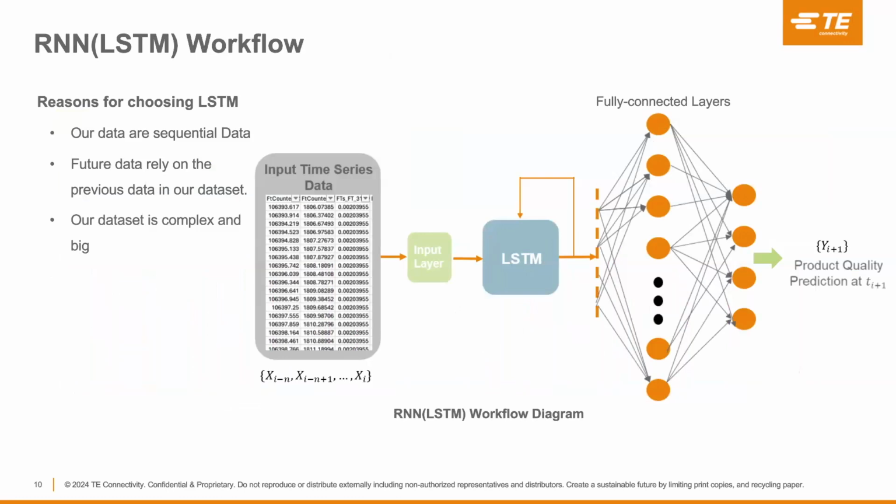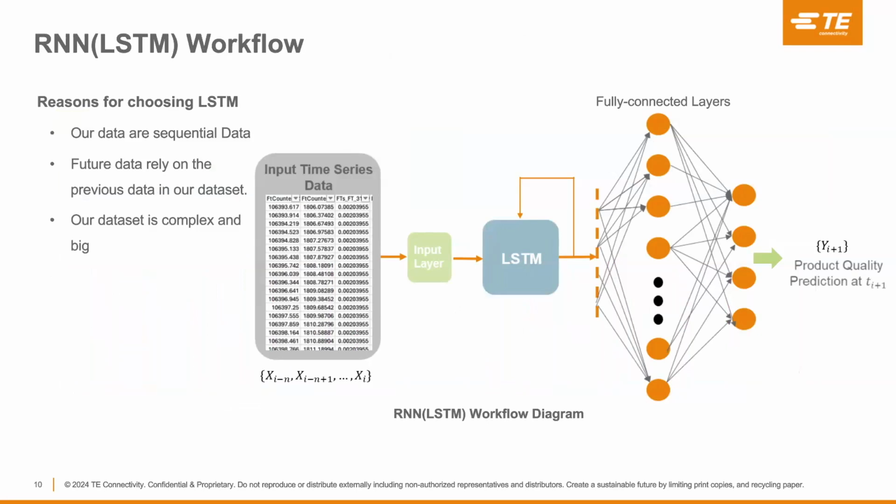So we choose an LSTM model for three key reasons. First, our data is sequential, making it crucial to capture the context of each event over time. And secondly, our prediction relies heavily on the previous data, which LSTM handles well by learning from the dependencies in the data.